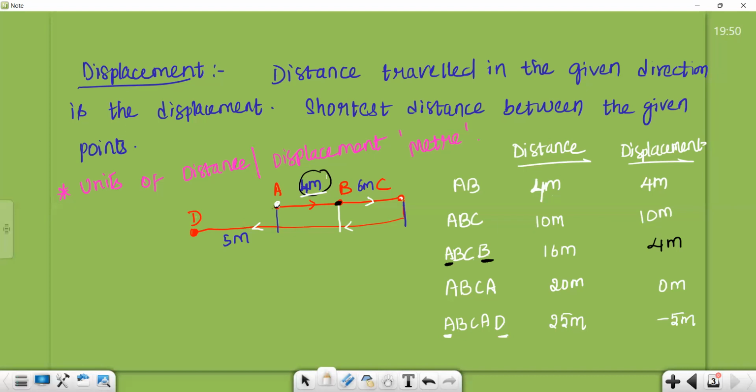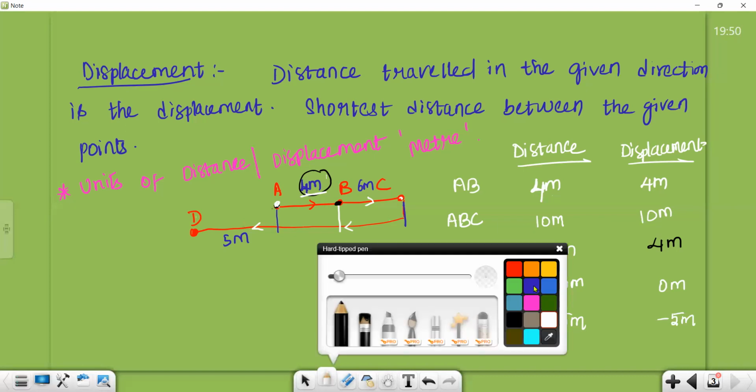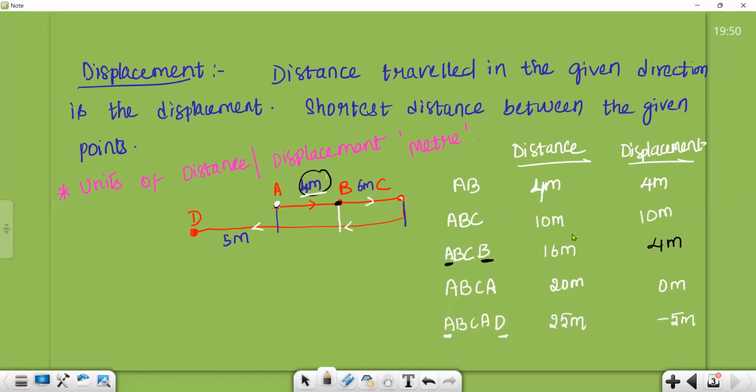Now tell me, is displacement a vector or scalar quantity? What is scalar? What does scalar mean?